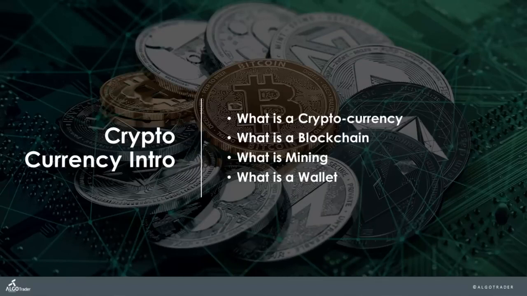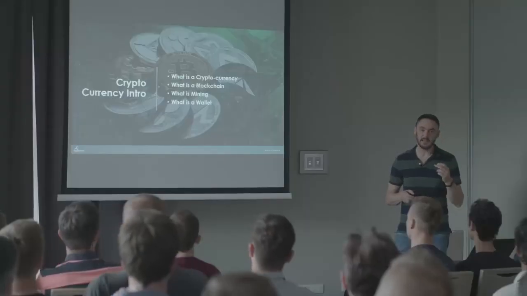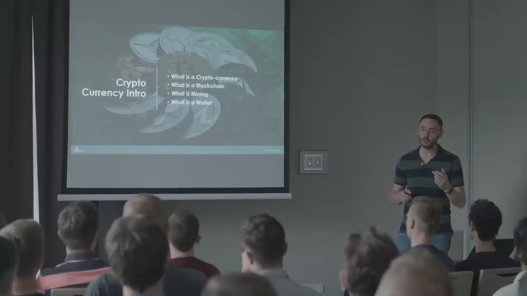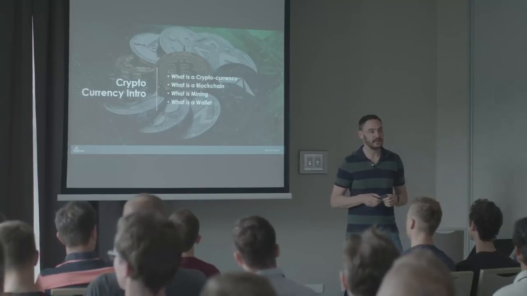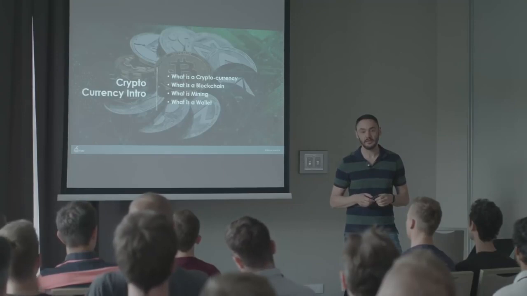The last one on this slide is a wallet. What is a wallet? A wallet is used to send and receive cryptocurrency. Basically, a wallet stores the public key and the private key. I mentioned that this has a lot to do with cryptography.